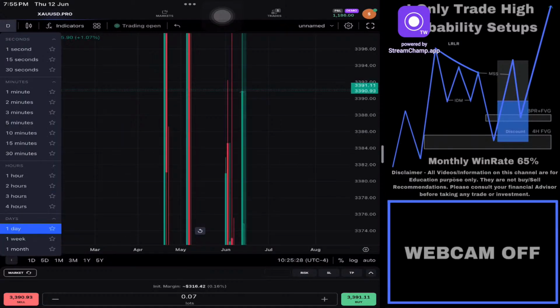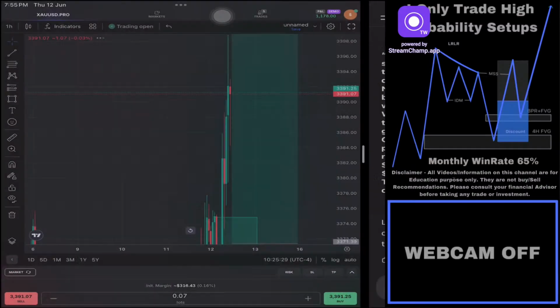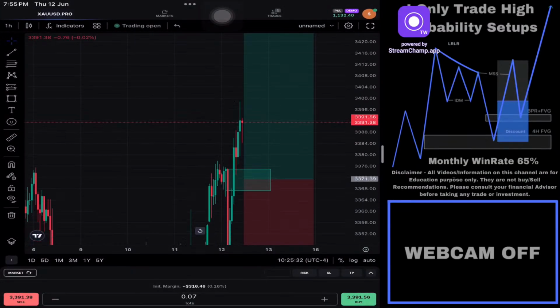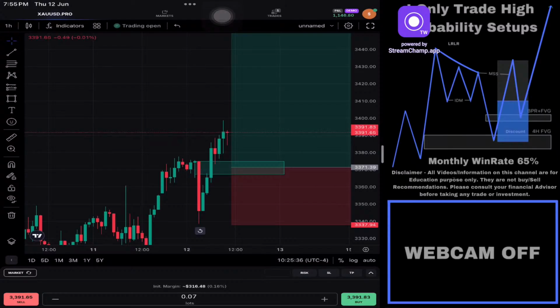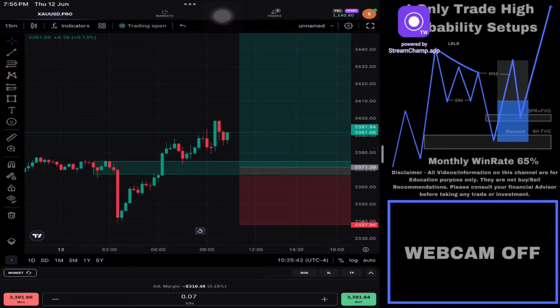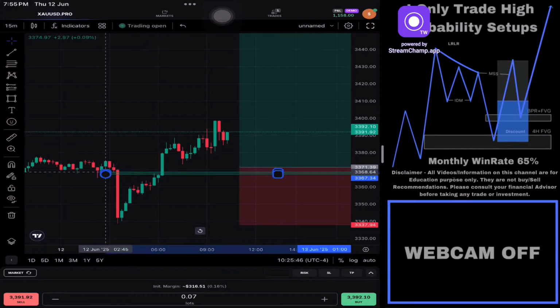I marked a breaker block in the 1 hour time frame. If the market gives it, but the fair value gap is not able to take the high probability setup. Now there is no fair value gap, but we still have a breakaway gap, or balanced price range.